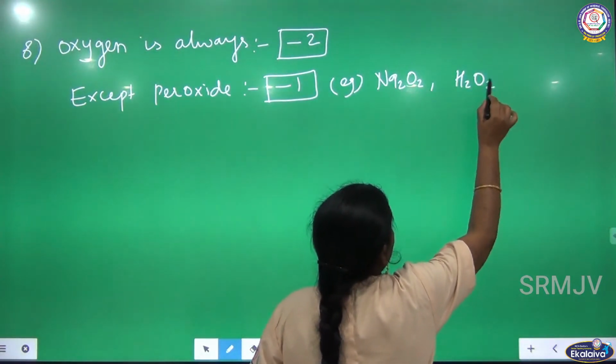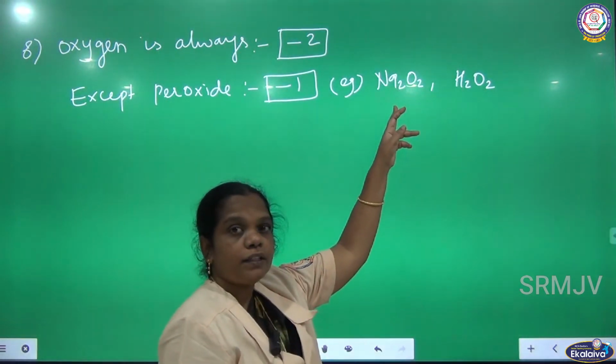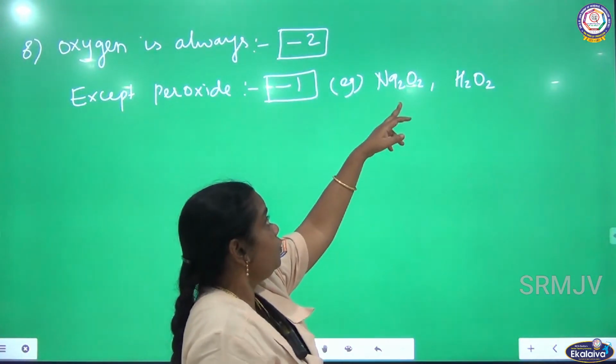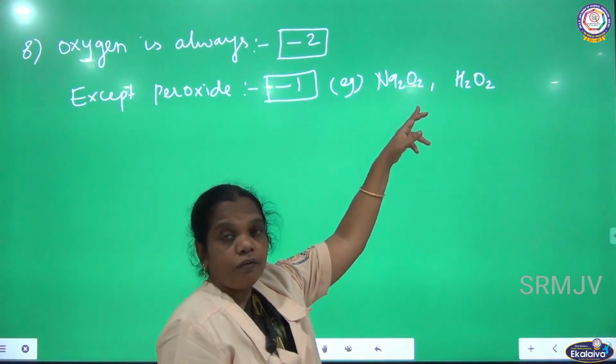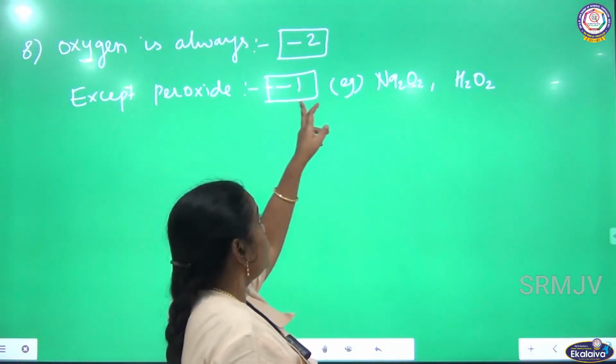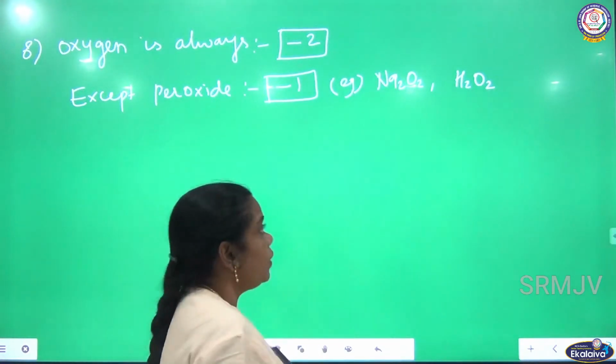H2O2. You know that sodium is always electropositive, +1. So how many atoms? 2 atoms are there, so +2 means 2 atoms of oxygen, so each one carries -1. So in peroxide it can show -1 oxidation.